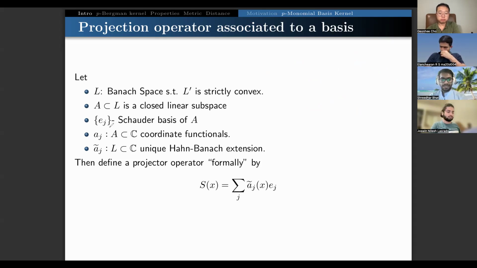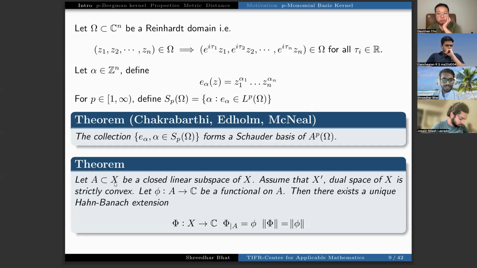Now the result: there is a result that says that if a subset of X, or L, is a closed linear subspace, and assume that X prime, the dual of X, is strictly convex, then any functional will have a Hahn-Banach extension. This will be a unique Hahn-Banach extension, which is norm-preserving as well.